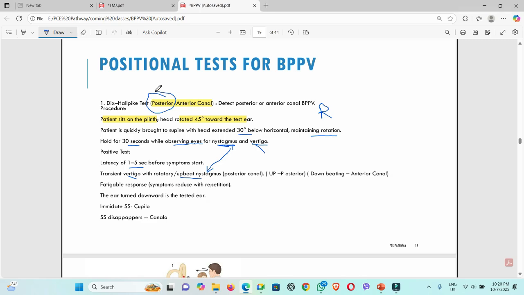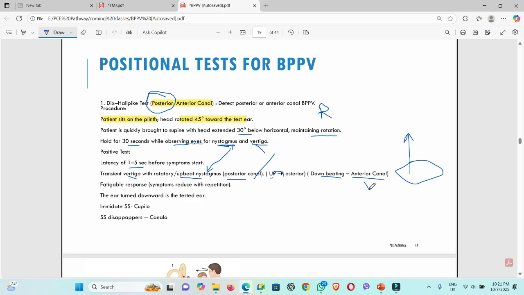That calcium carbonate is in the posterior canal. If you notice upbeating, it is posterior: UP, up; P, posterior. If it is downbeating, then the anterior canal is affected. You'll see either upbeating or downbeating nystagmus. If the faster component is towards the up, then it is the posterior canal.